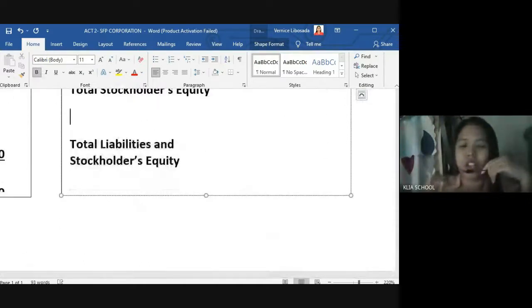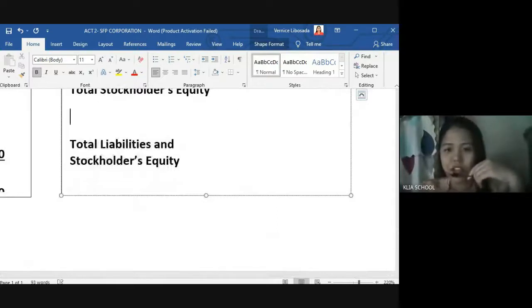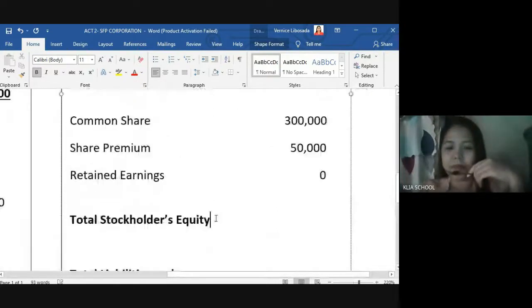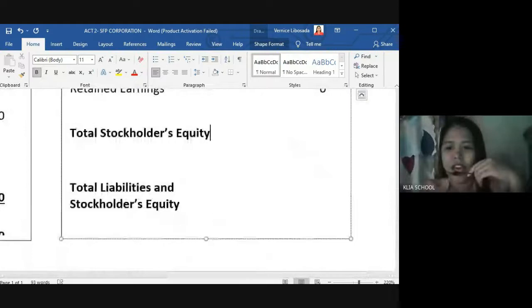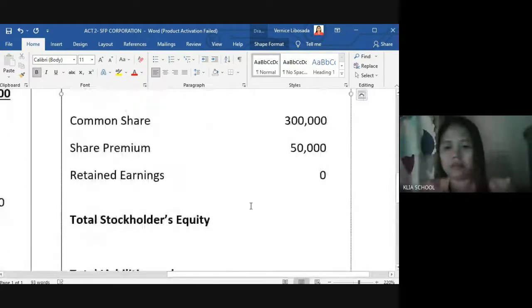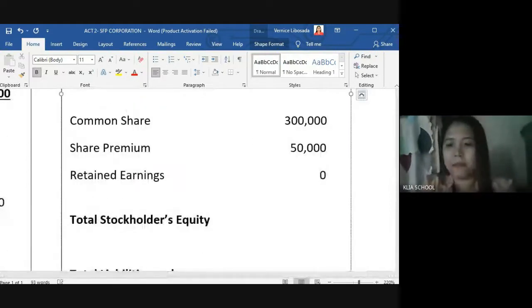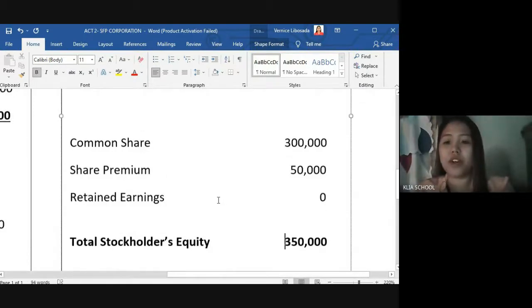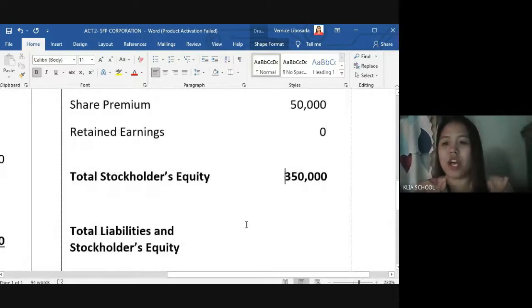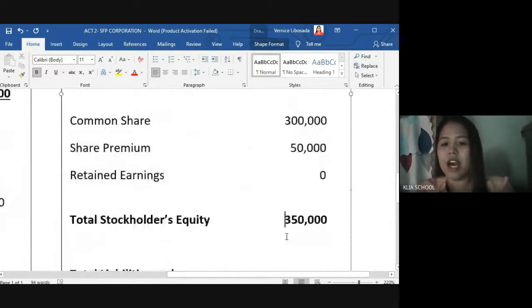Yes, Simran. 350,000 po. 350,000 siya. Babanggitin lang natin, although nabayaran na natin siya, we'll be recording it also, kasi ito yung mga stockholders na pumasok sa ating company.